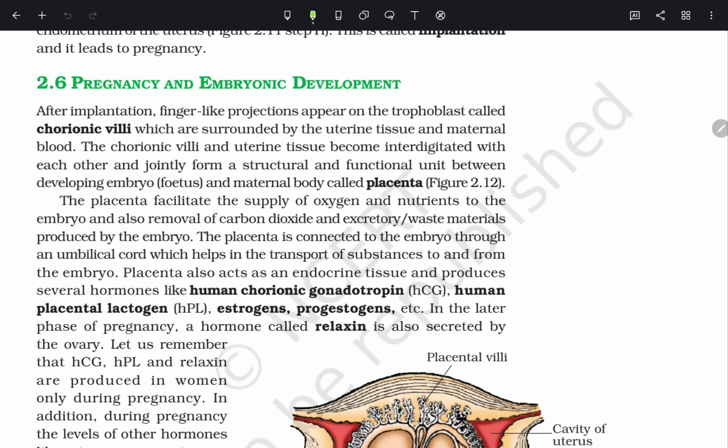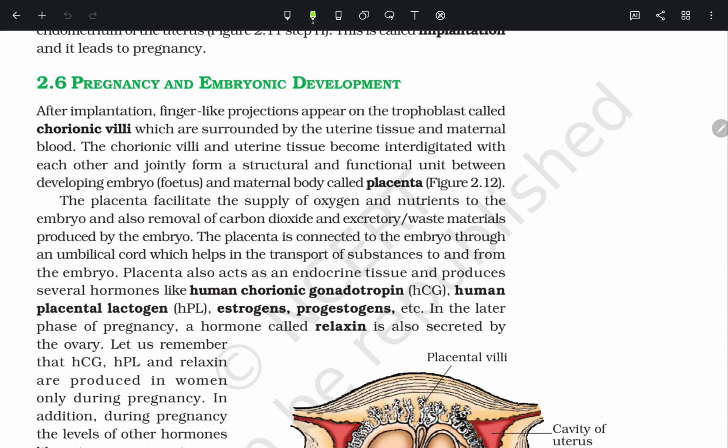Pregnancy and embryonic development. After implantation, finger-like projections appear on the trophoblast called chorionic villi, which are surrounded by the uterine tissue and maternal blood.